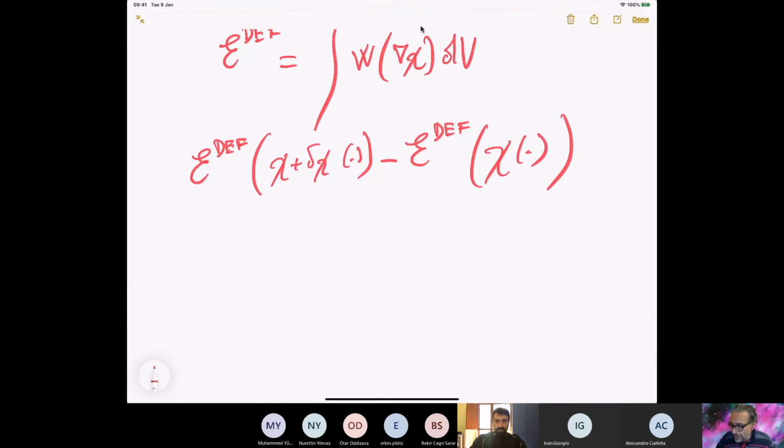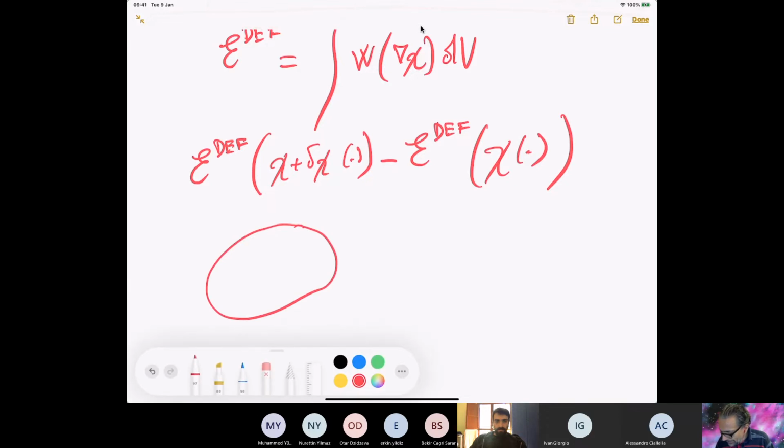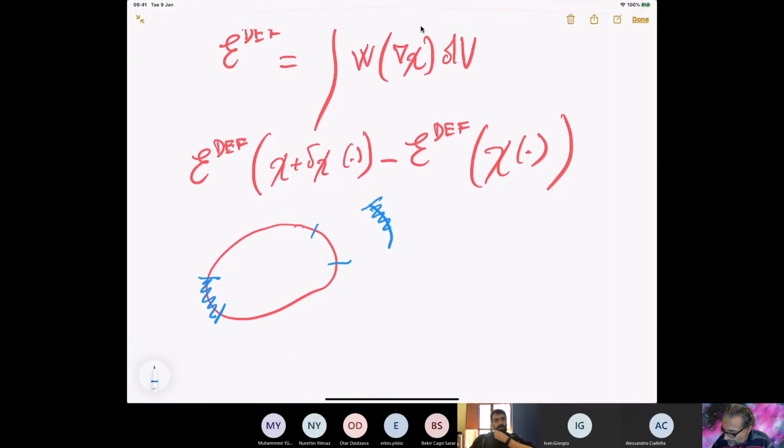So think about our body. This part is blocked. This part moves there. Okay?